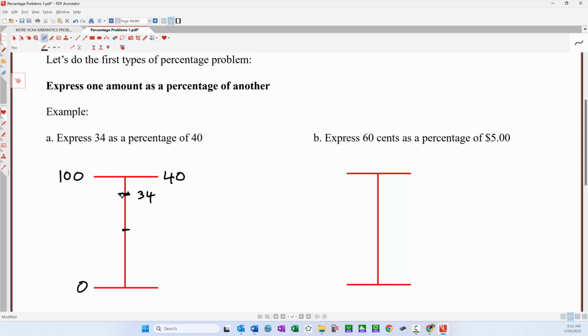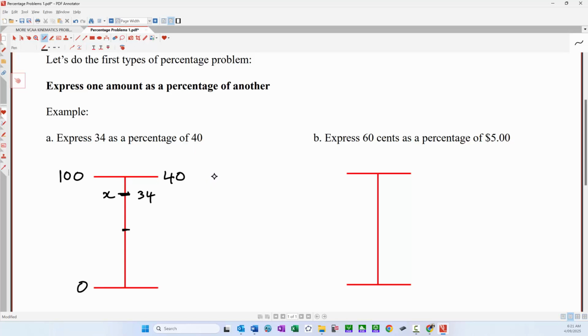And 34, what does that look like to you? If that's 50%, maybe this is around 80% or 75%, just by rough approximation. The fact is that we don't know what the percentage is, so we're going to put an x to represent the unknown percentage. Now here is the way we start using the dual number line.